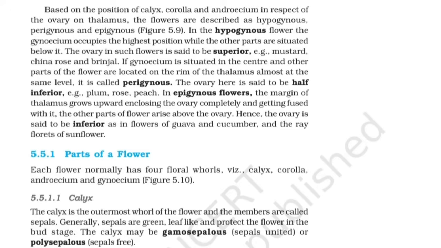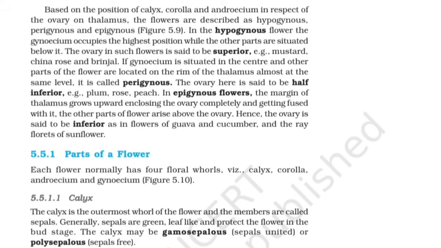The ovary in such flowers is said to be superior, for example, mustard, China rose, and brinjal. If gynoecium is situated in the center and other parts of the flower are located on the rim of the thalamus almost at the same level, it is called perigynous. The ovary here is said to be half inferior, for example, plum, rose, peach.